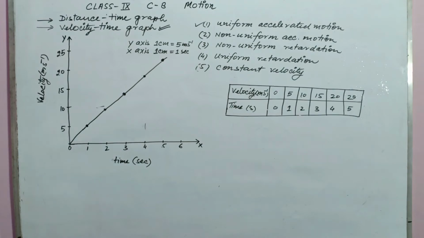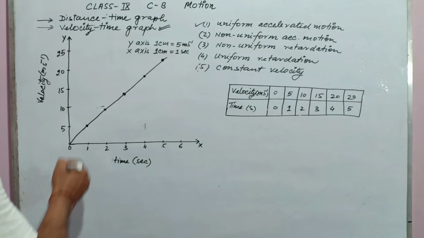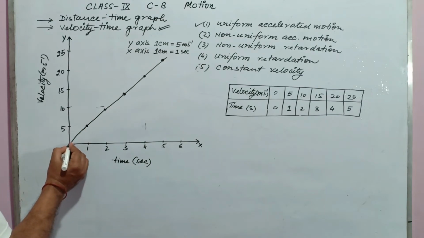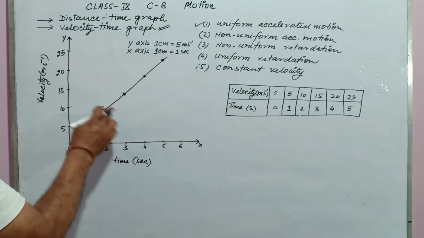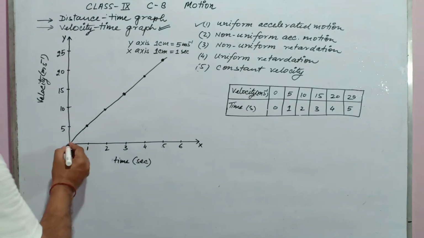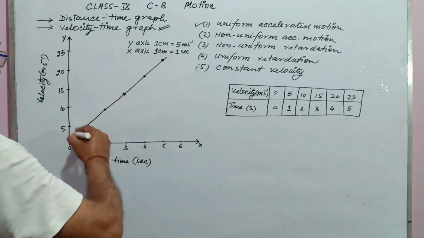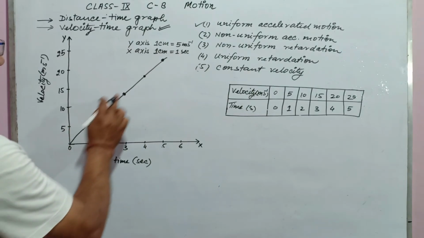This is the velocity time graph, and we can see the graph starts from the origin. It means the body starts from rest. Initially it is at rest, because the velocity time graph starts from the origin, and it is a straight line.